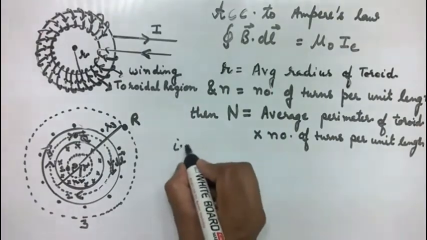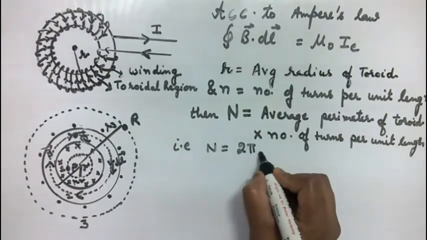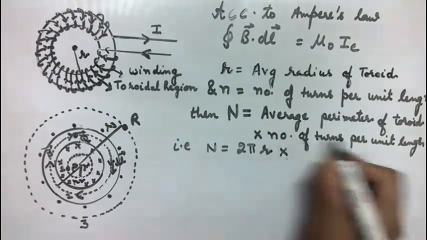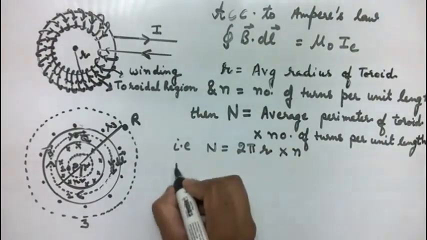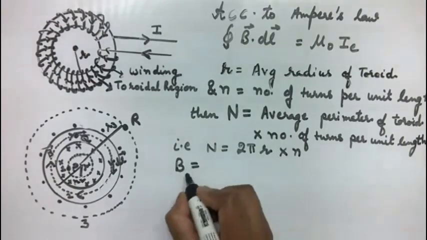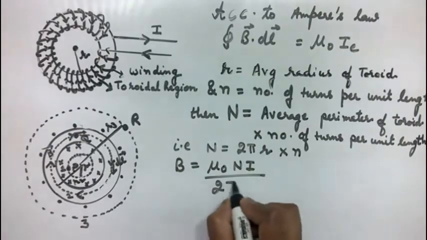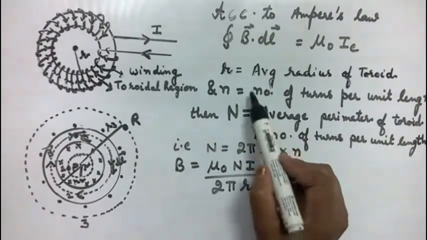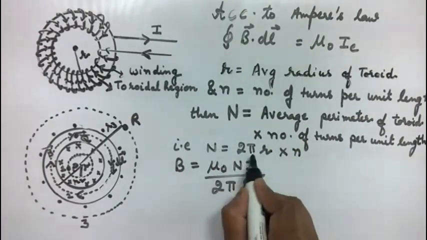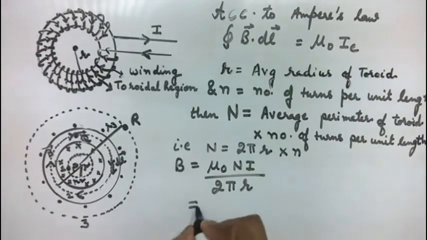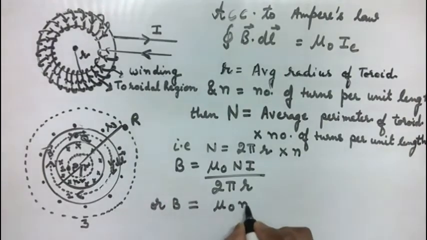That is, N is equal to the average perimeter 2 pi R, where R is the average radius of the toroid, times the number of turns per unit length n. Thus, the magnetic field due to the toroid is B equal to mu naught N I upon 2 pi R. Therefore, on substituting N equal to 2 pi R times n, we get B equal to mu naught n I.